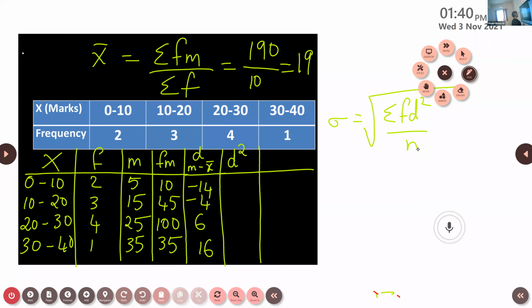Roseanne, can you tell what is the first one? D square. 196. Okay. Aparna, second one? 16. Okay.